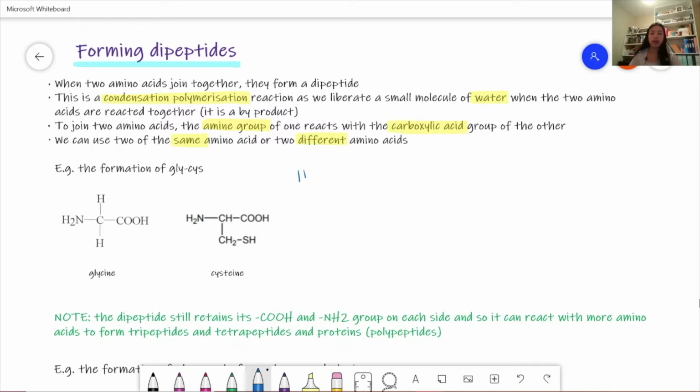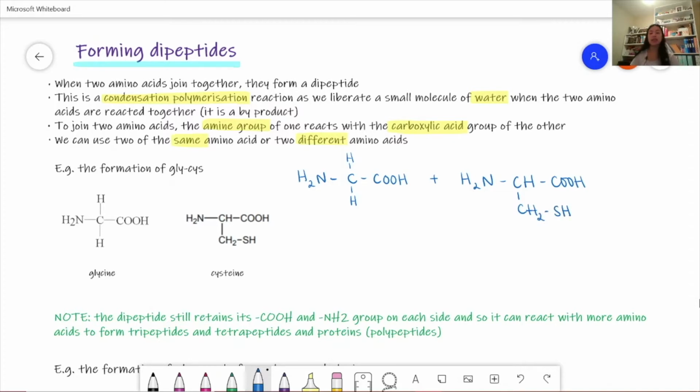If I rewrite these as H2N, and then we have the carbon and the 2 hydrogens, and then a carboxylic acid group, and then we're adding it with this cysteine, so COOH, and then we have CH2, and then SH.